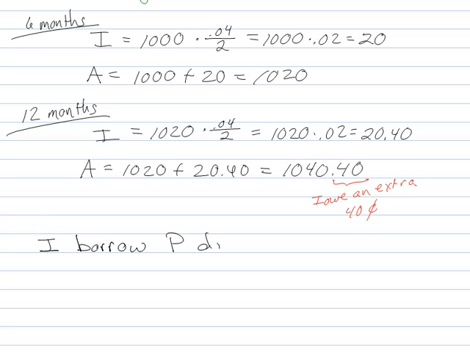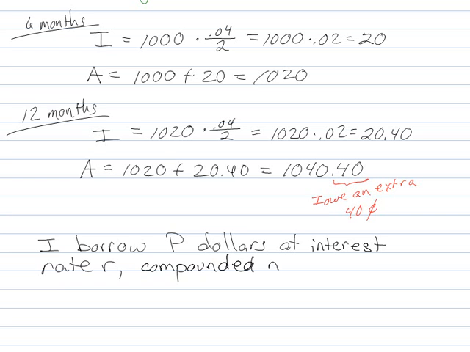Say I borrow P dollars at interest rate R, compounded n times a year for T years.